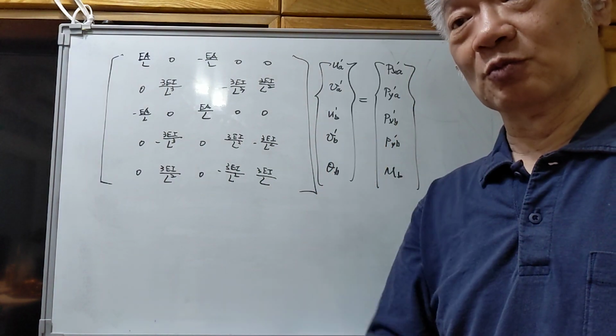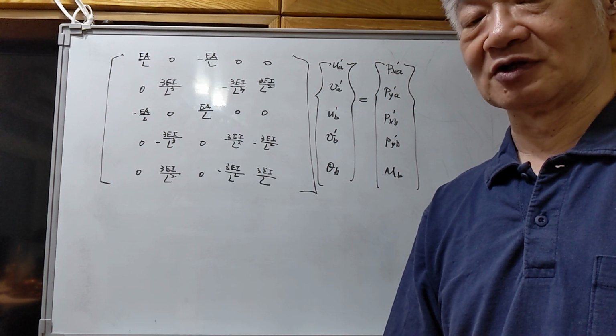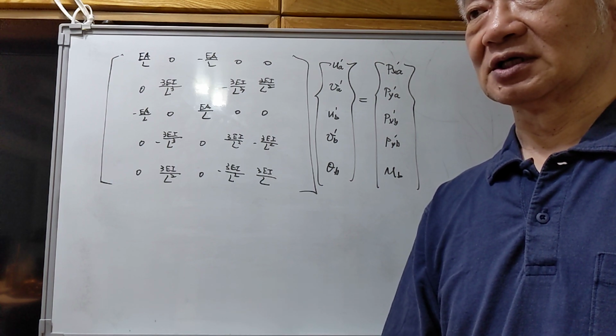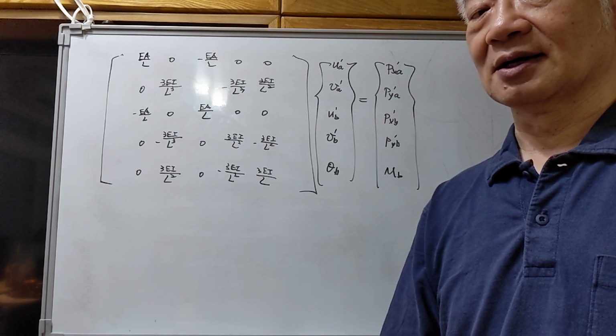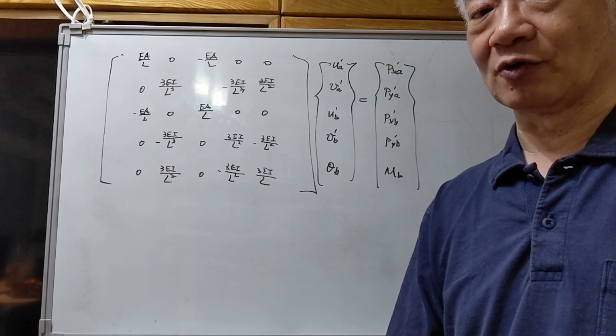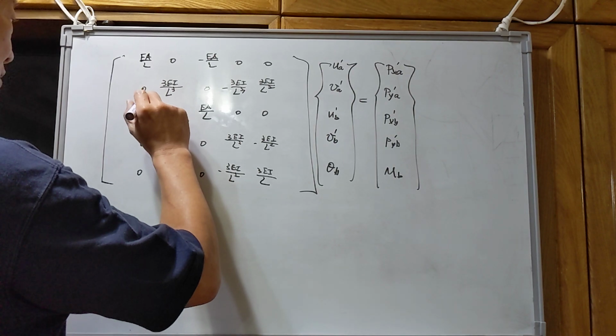And for your homework problems, you will get a 4 by 4 element stiffness matrix, which is another special case. But how can we get the same results for all the elements?